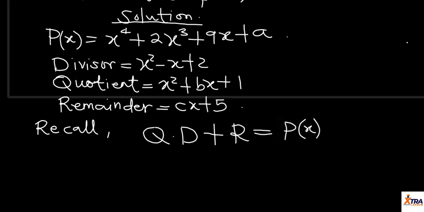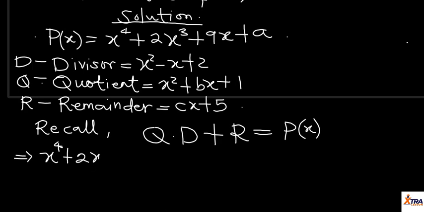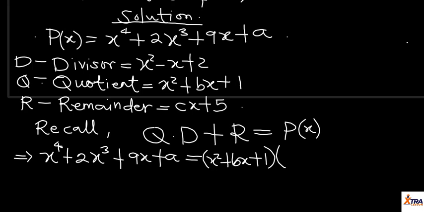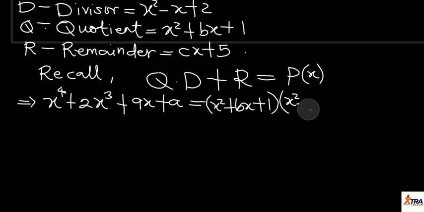So if that is the case, it means that when we multiply our quotient q and our divisor d, and then add it to our remainder r, it should give us our polynomial p of x. So by that, I can say x raised to power 4 plus 2x cubed plus 9x plus a is equal to, my quotient in this case x squared plus bx plus 1, my divisor x squared minus x plus 2, and my remainder cx plus 5.